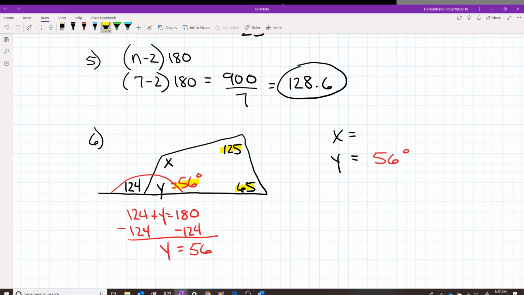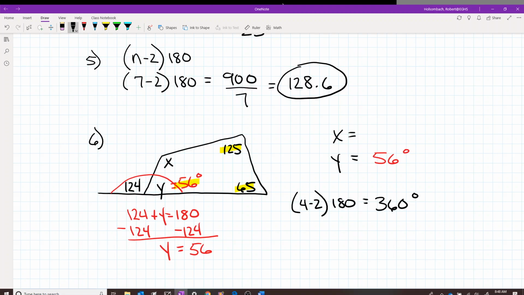Okay? A quadrilateral's got 4 sides. So the sum of the angles in a quadrilateral is equal to 4 minus 2 times 180, which is 360. The angles in this 4-sided shape have to sum 360.